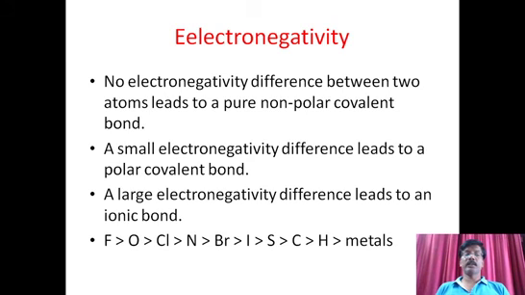So hydrogen is the least. After hydrogen come metals. Metals are generally electropositive in nature; they generally don't have electronegativity character. Electropositive means they lose electrons instead of gaining electrons. That's why metals behave as electropositive.